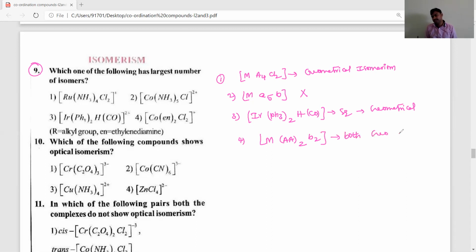It has 2 geometrical isomers, cis and trans. The trans is a meso compound, and cis is optically active. It forms cis-L and cis-D compounds. So a total of 3 isomers are present.